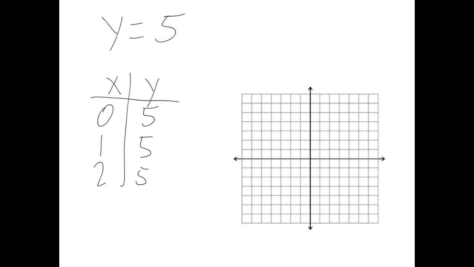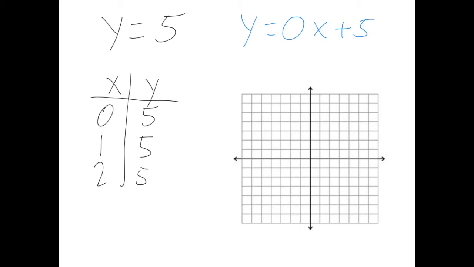So what makes things disappear? Well, the number 0 makes things disappear. So this is the same thing as writing y equals 0x plus 5. So our slope is 0. There's no slope. The slope is 0.